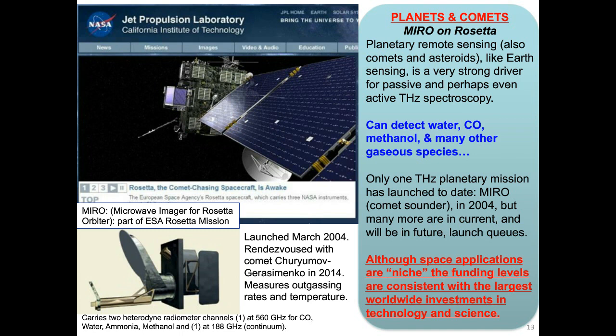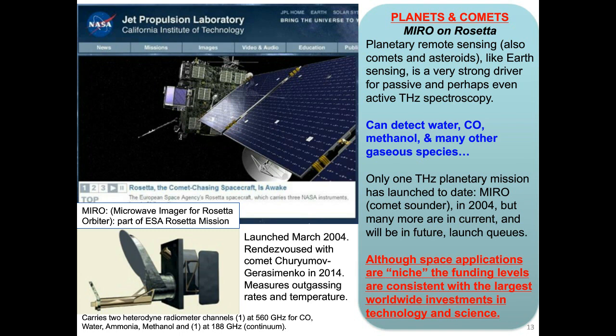So I guess I just want to emphasize that even if there were no other applications for this field, this particular suite of planet and Earth and astrophysics missions and instruments is something that really justifies the investment in the field to date. Has been, I think, a very, very strong motivator for terahertz technology.